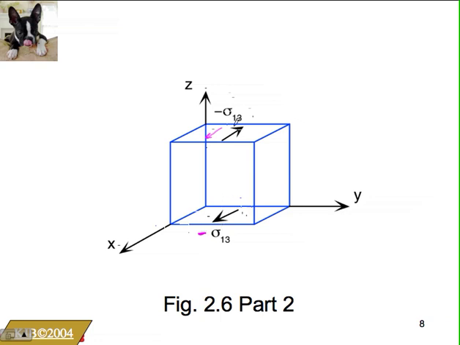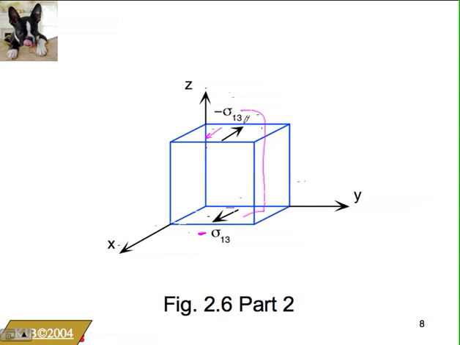Okay, so we need to have both of these be, so this is the opposite of a sigma 1, 3, so it's a negative value, and this is also the opposite because it's pointing in the positive direction on the negative face, and the couple means they have to be the same. Okay, this is another problem with sign conventions.